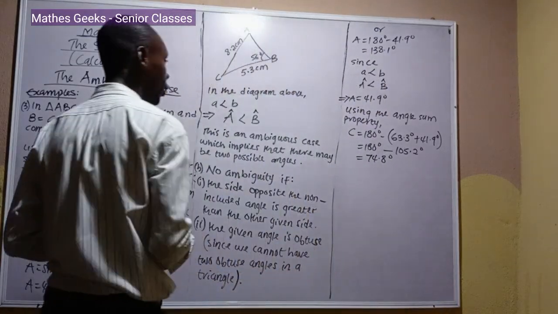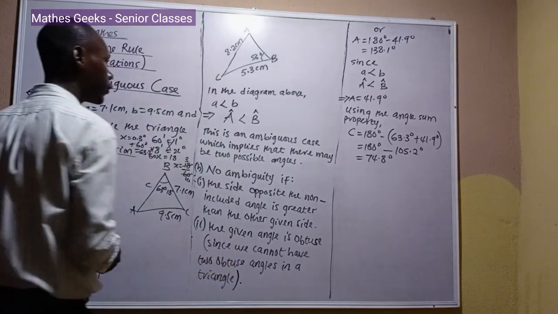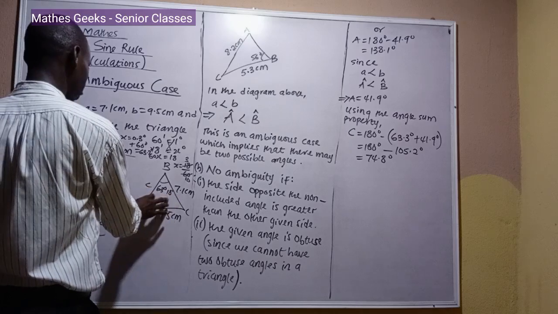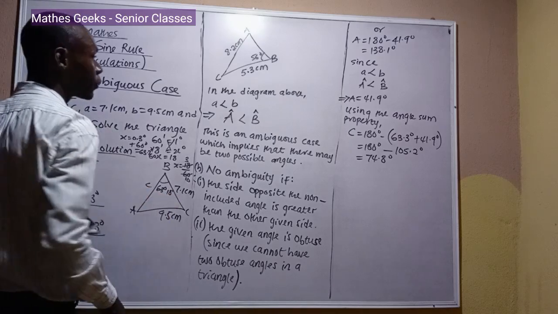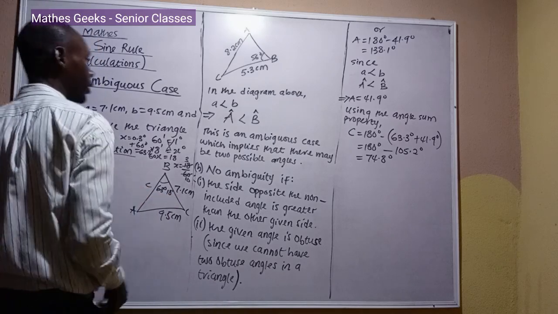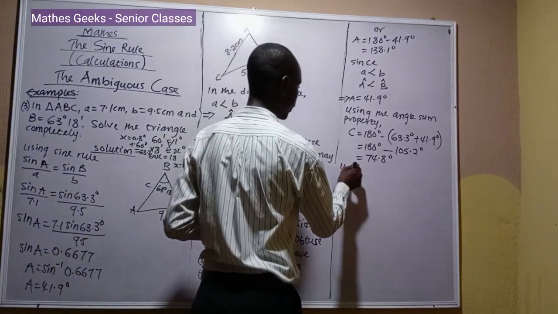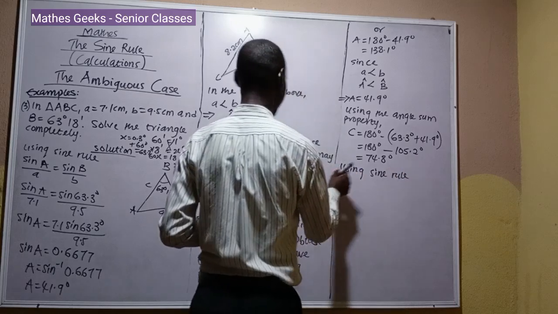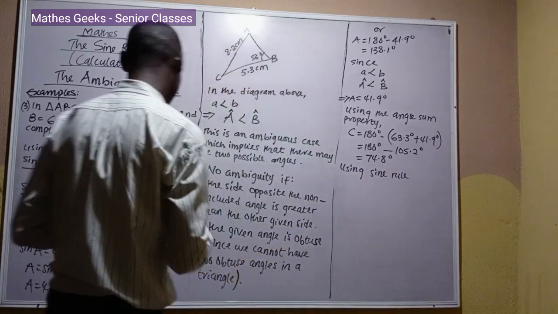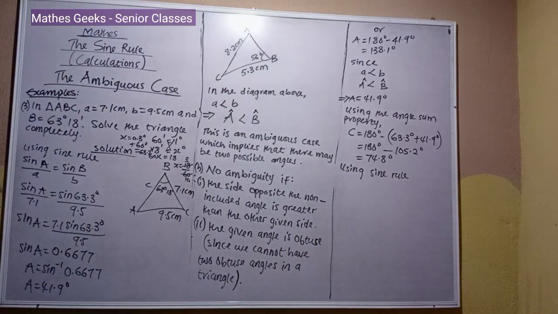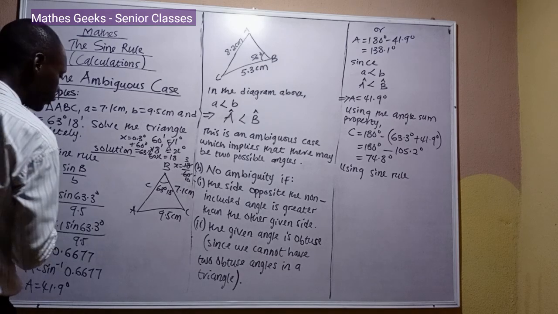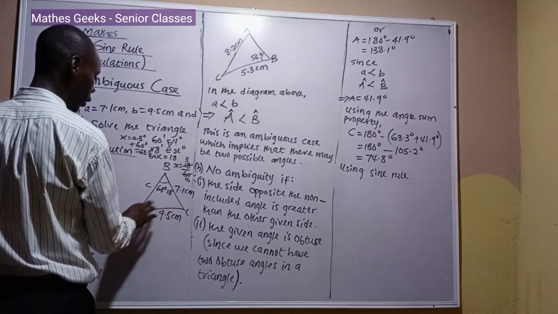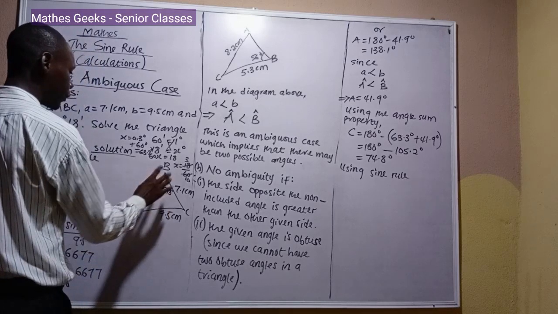Now we're trying to solve the triangle completely. So we've gotten angle A, angle C, and we know angle B, which was given to us. The side that we have not known is C. So let's get C using the sine rule. Now that we know both angle A and angle C, we can use any of them.